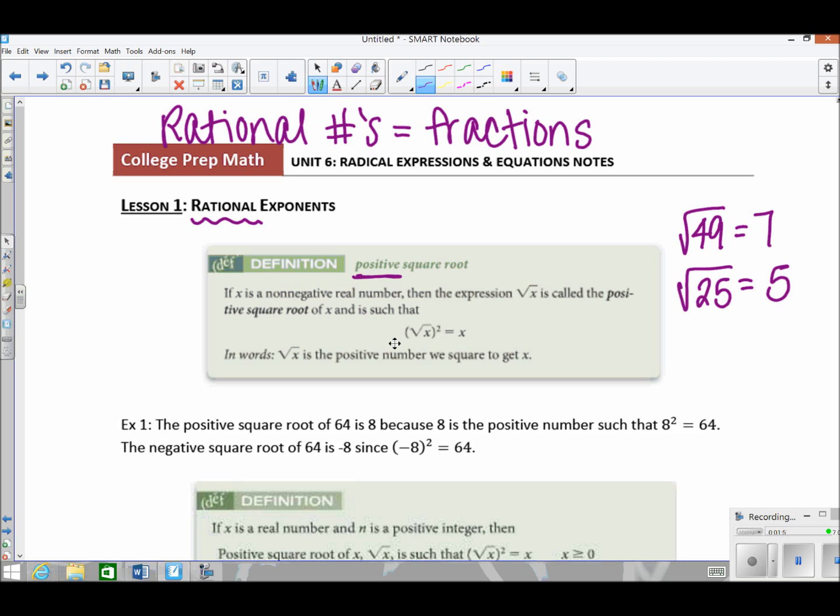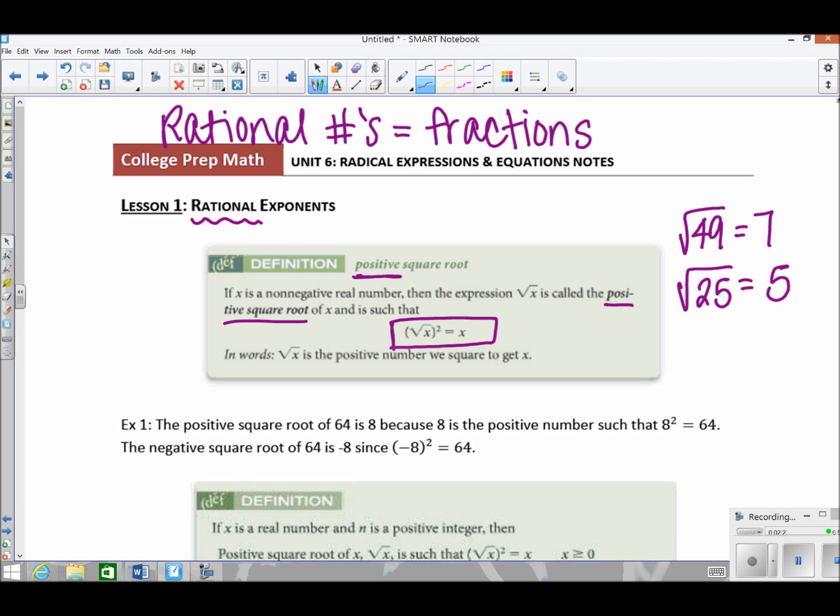So when you see this definition, or whenever you see the square root symbol, it automatically means the positive square root. And a property here is that the square root of x is really the positive number that we have to square in order to get x. So whenever you're trying to find the square root of x, ask yourself, what number do you have to square to get x?